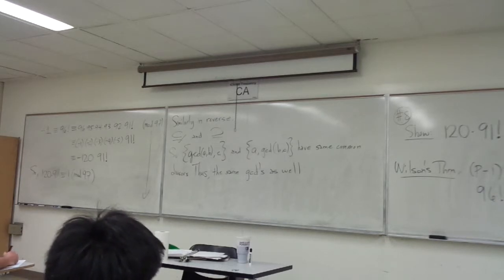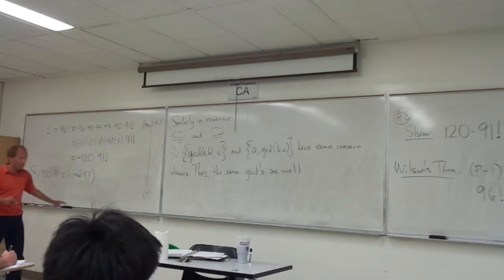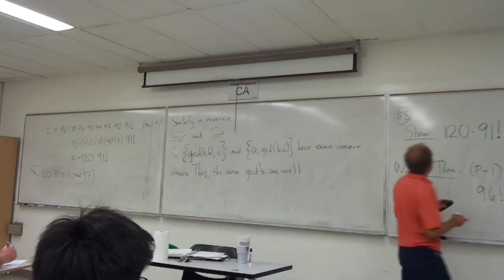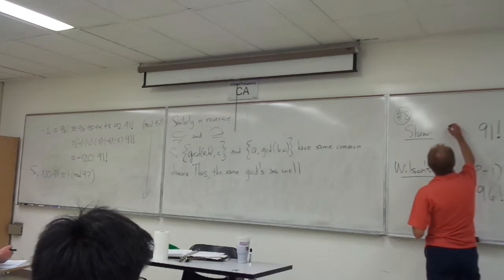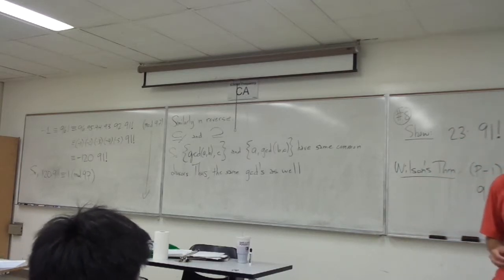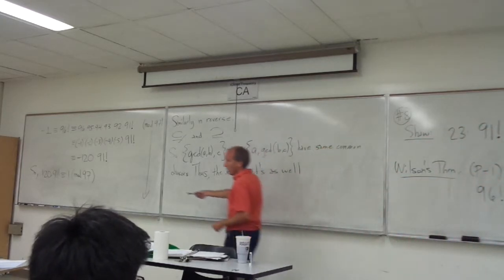Of course, this 120, I guess I could have made this a slightly harder problem, right? Because I could have changed this, so this was 120, so I could have changed it to 23. Then it doesn't look quite as obvious, but of course, we would have come to this point here.